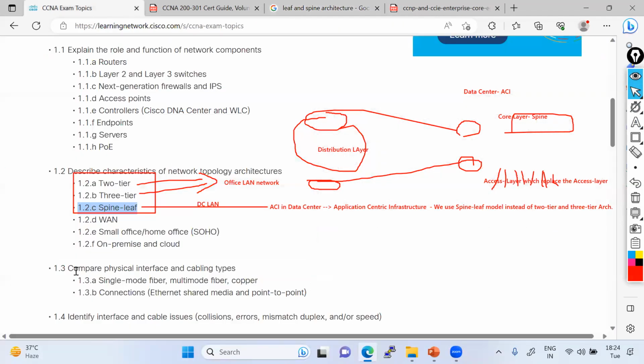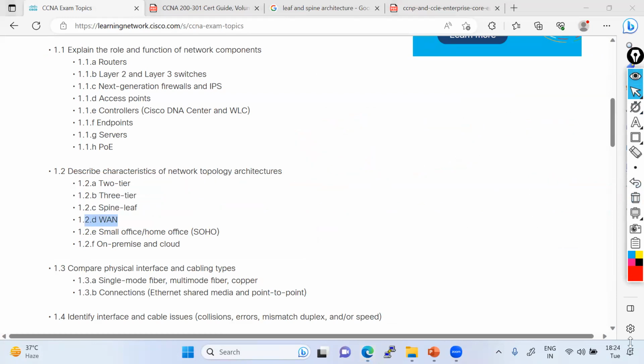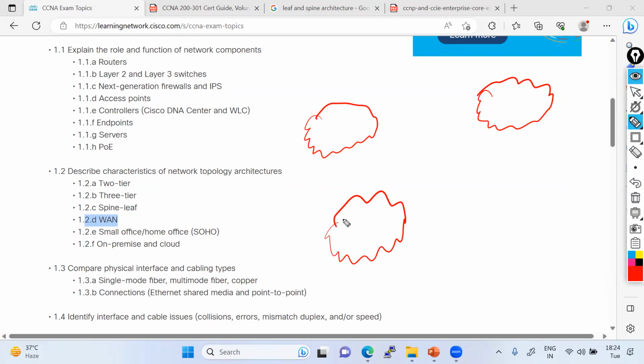Next, WAN. So what is a WAN? WAN means wide area network. If I'm talking about the WAN, just think of any internet cloud in a different region. We have a different cloud everywhere. In the US we might have Sprint.